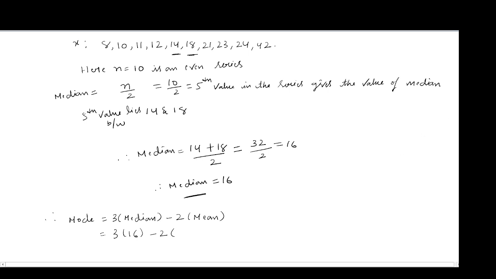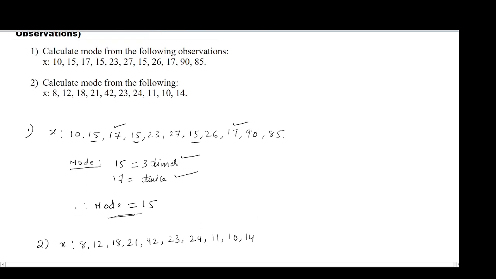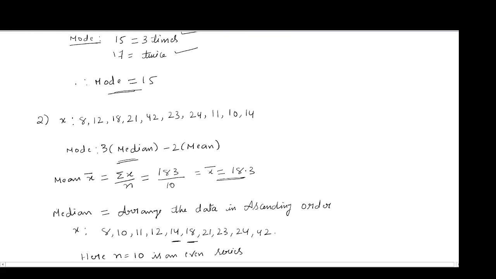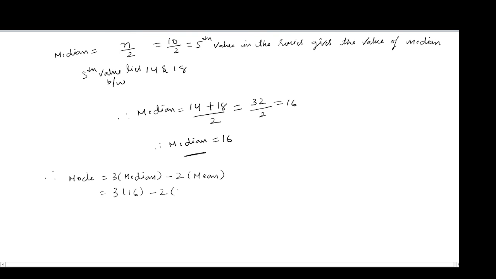What is the mean value I've got? 18.3. So my mean value is 18.3. Now substitute in the formula 18.3. So that is 3 into 16 is 48 minus 2 into 18.3 is 36.6.